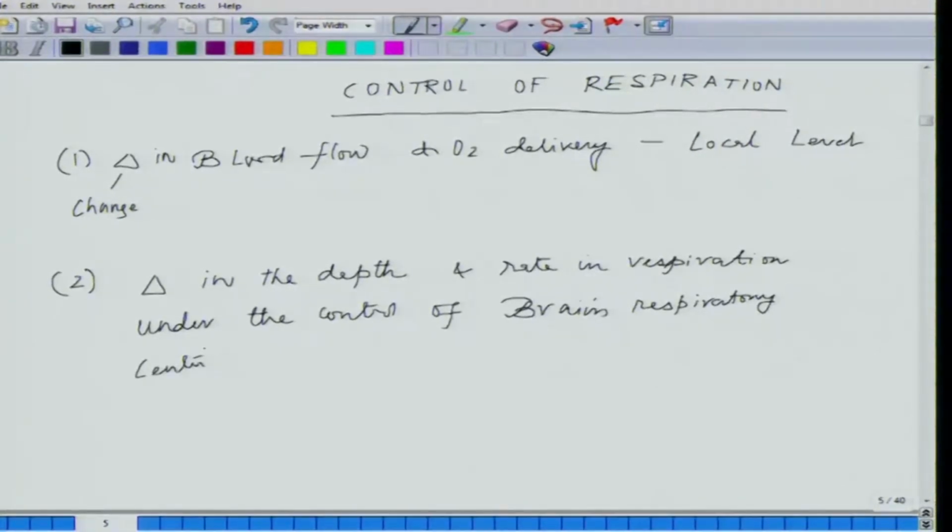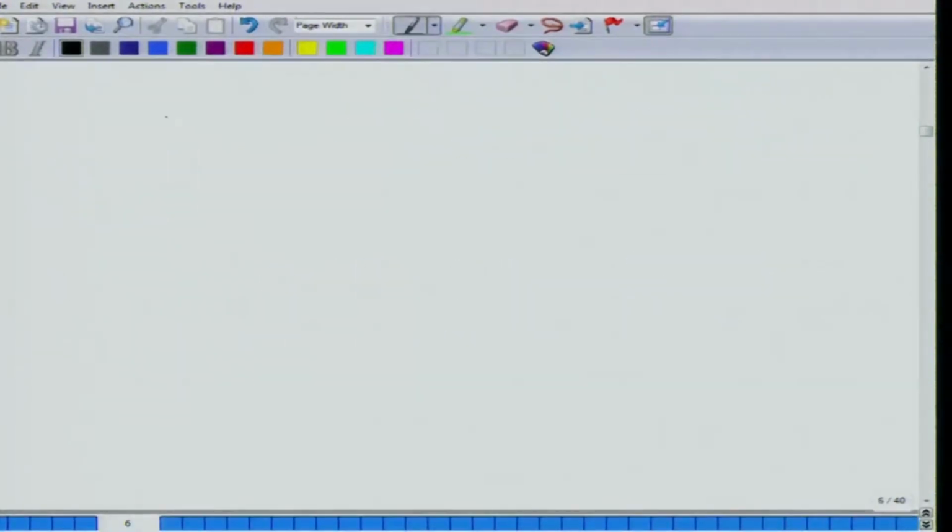Talking about the local factors involved, one of them is lung perfusion, or in other words, blood flow to the alveoli.